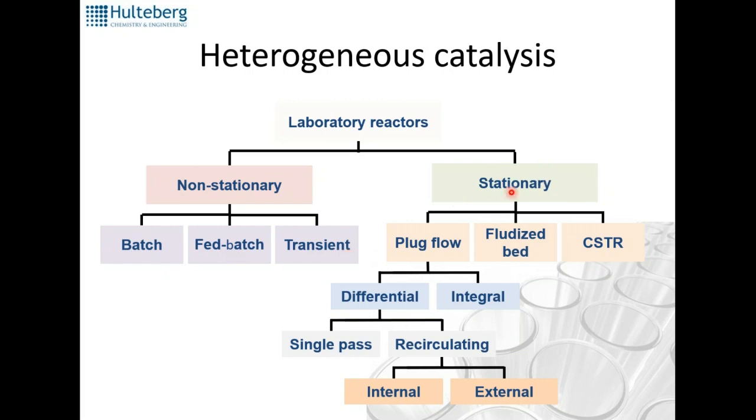On the stationary side, we have our continuously stirred tank reactors, we have fluidized beds, and we have plug flow reactors. Plug flow reactors can be integral or differential in nature, meaning that you have high or low conversion. The differential reactors can be either single pass or recirculating, and the recirculation can be either internal or external. But we'll go more into details about this at a later time.